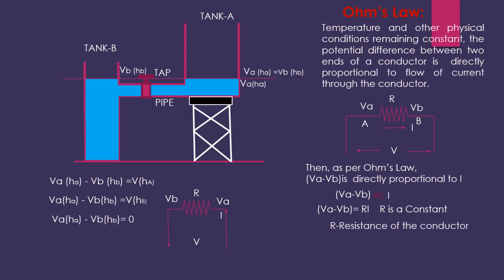So R equals (VA minus VB) by I, equals V by I. To flow current in any circuit, the resistance R must be overcome by the driving force VA minus VB, the potential difference. Here V is measured in volt, I is measured in ampere, and R is measured in ohm.